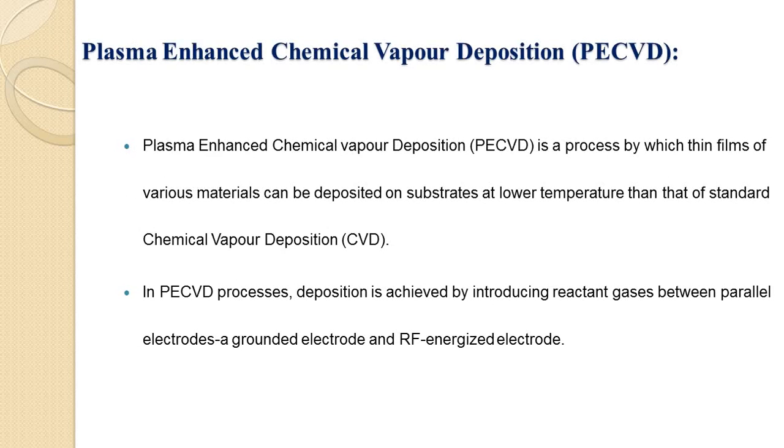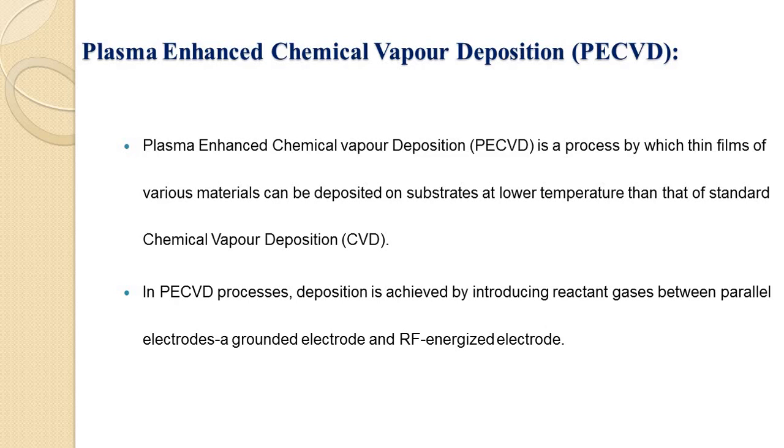First is plasma enhanced chemical vapor deposition, that is PECVD. Plasma enhanced chemical vapor deposition, that is PECVD, is a process by which thin films of various materials can be deposited on substrate at lower temperature than that of standard chemical vapor deposition, that is CVD.